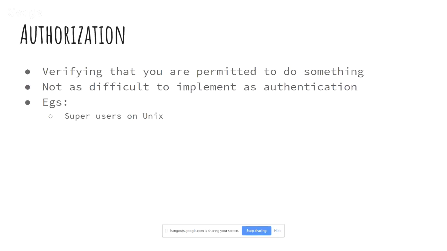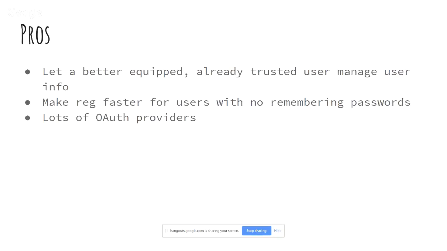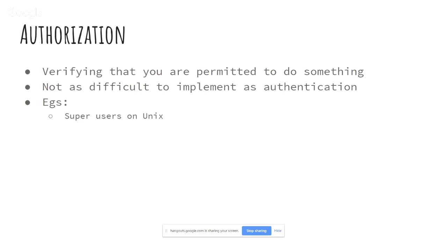Okay, so what are the pros and cons of... let's take a step back first. If we're looking at authorization and authentication together, you would use them together to know what service to provide to who.